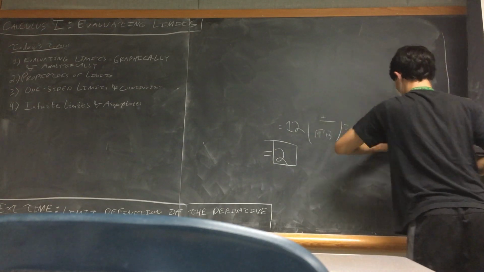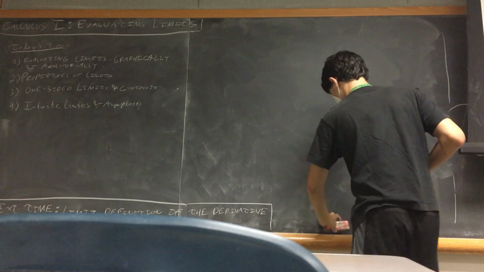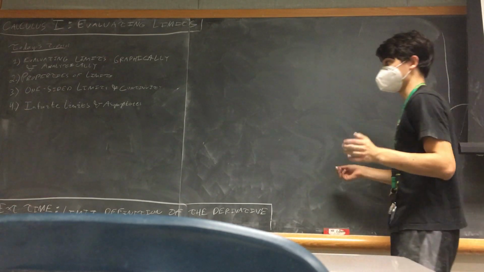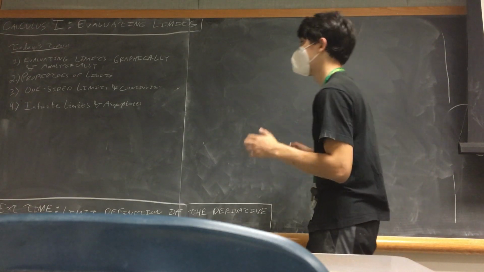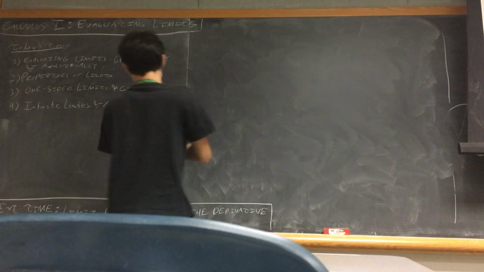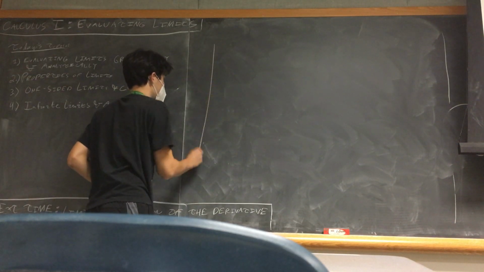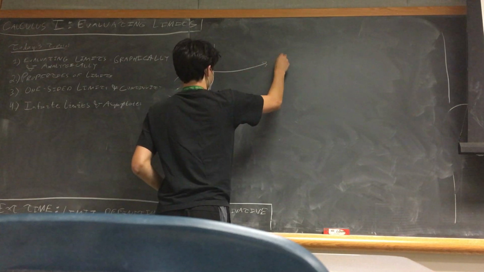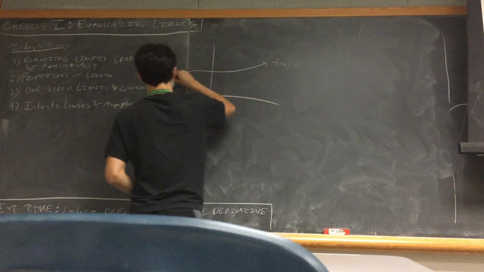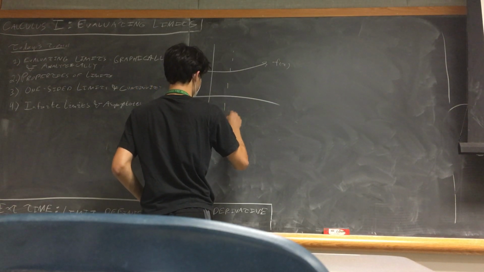Okay, so now that we've gone through a few limit problems, hopefully you're starting to understand limits pretty well. I'm going to talk about one-sided limits and continuity. Now, I drew my graph of f of x, and we wanted to know the limit of f of x as x approaches c.